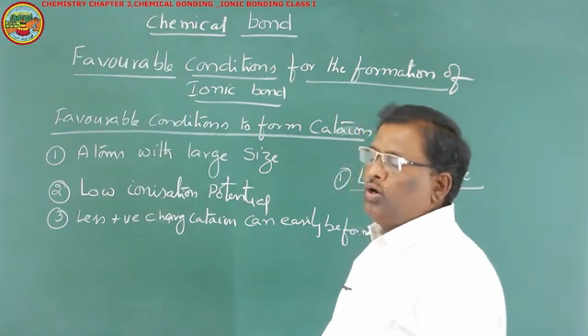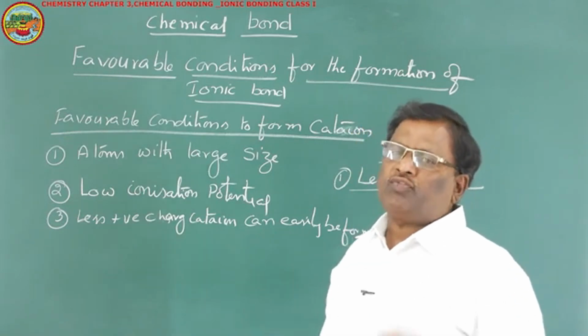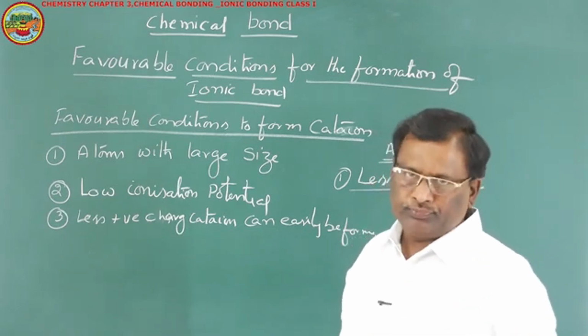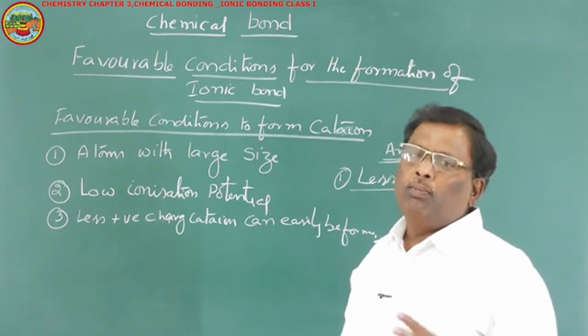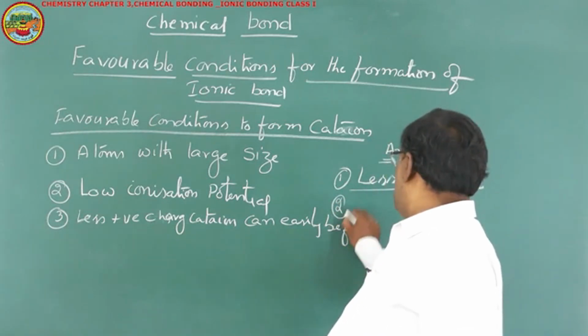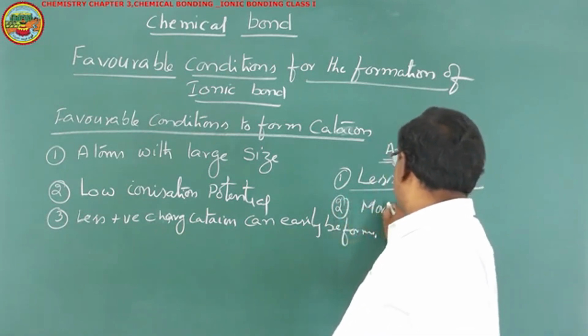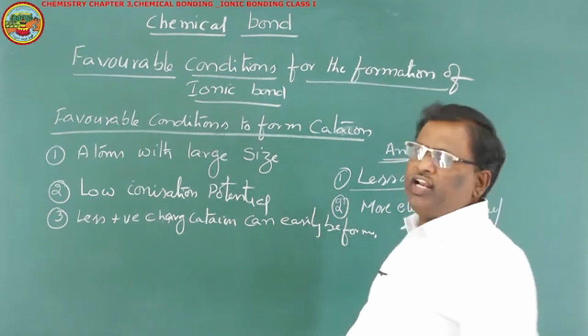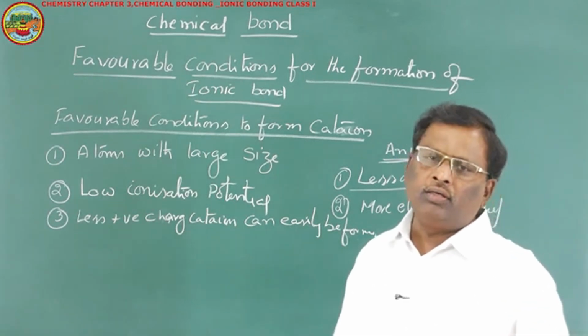Now, to attract the electron from outside, it should be more electronegative. So the atom with more electronegativity can easily form an ion.